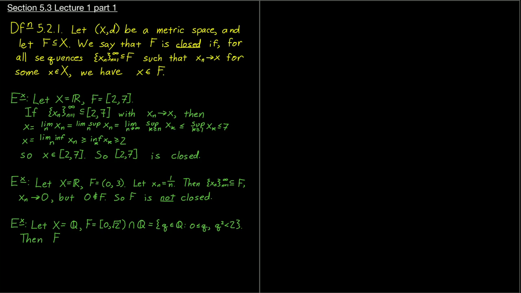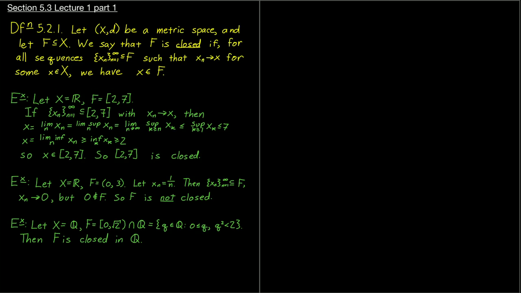Then F is closed in Q. If you think of F as a subset of the real numbers, it's not closed. It's got the square root of 2 as a limit point that it doesn't contain.